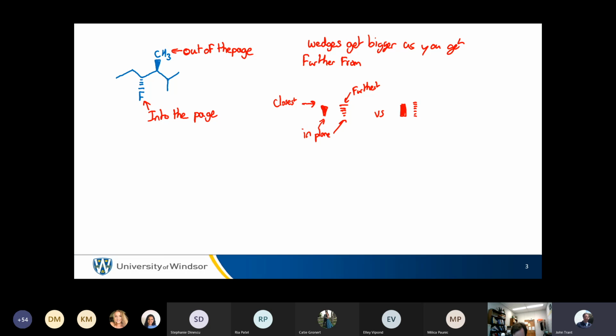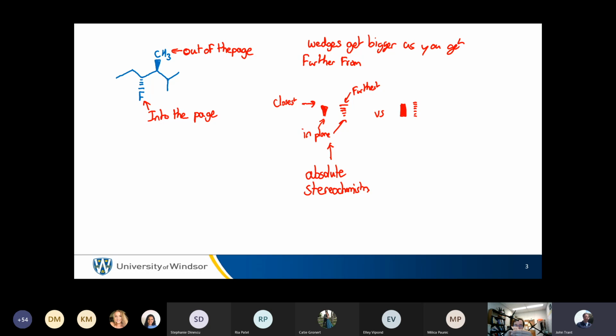But you will also see sometimes rectangles. These ones mean absolute stereochemistry. We're going to talk about what I mean by that in a bit. But what I'm saying is that the drawing I have there is that molecule, once I orient it right.